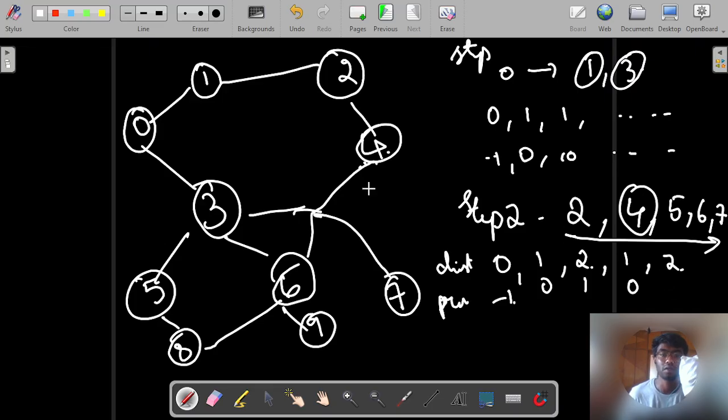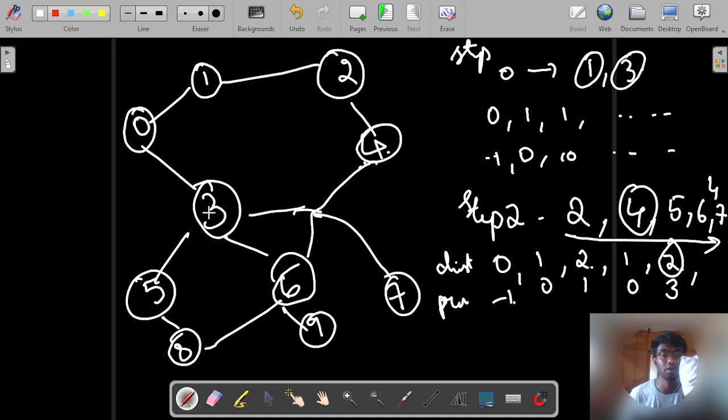So this will take up 2, 0 to 3 and 4, and the origin will be 3. That's the shortest path. Once we explore 2, we will still reach 4, but since it already has a distance, we keep the first occurrence, the first shortest path. That's the way this goes, right?